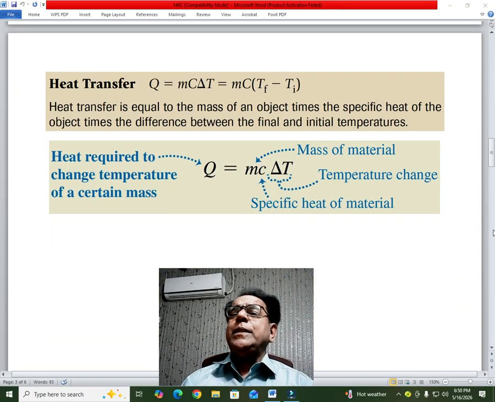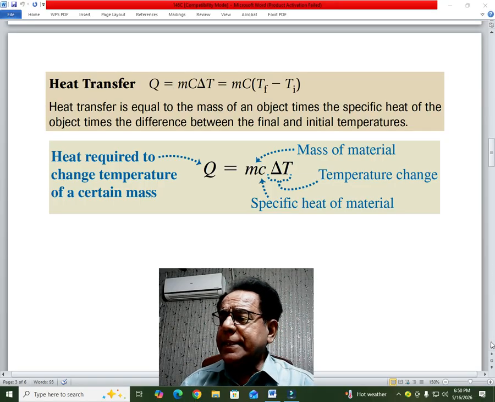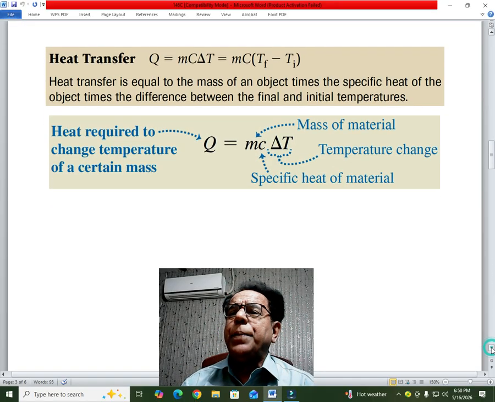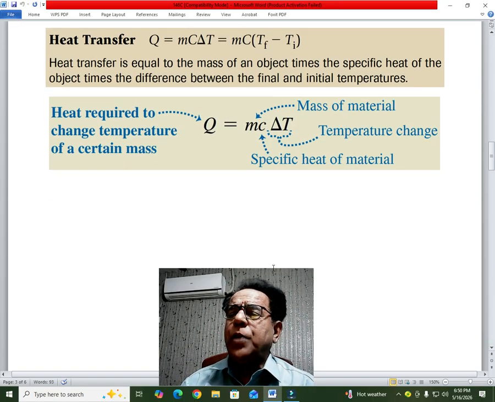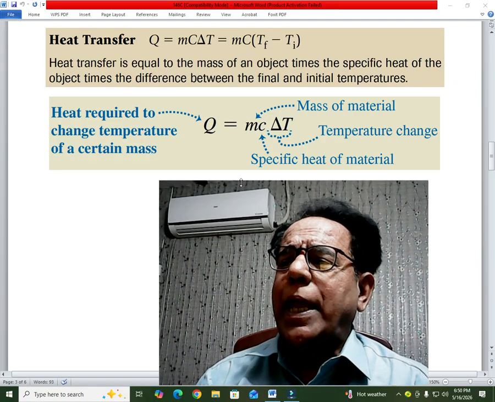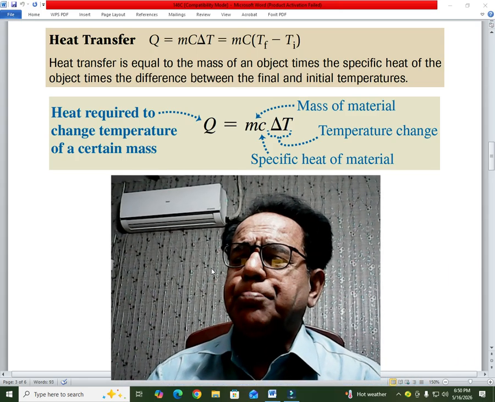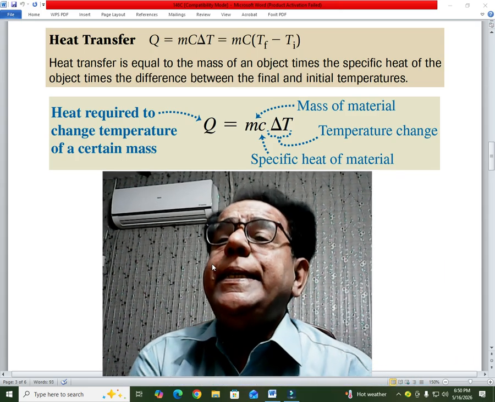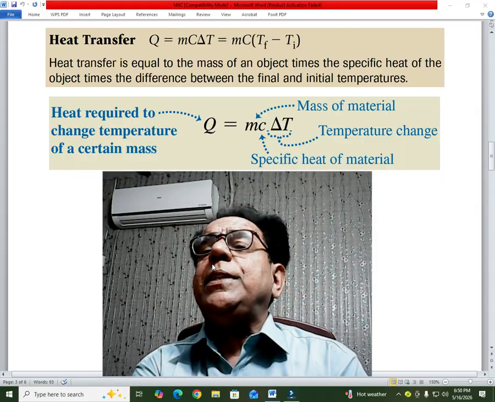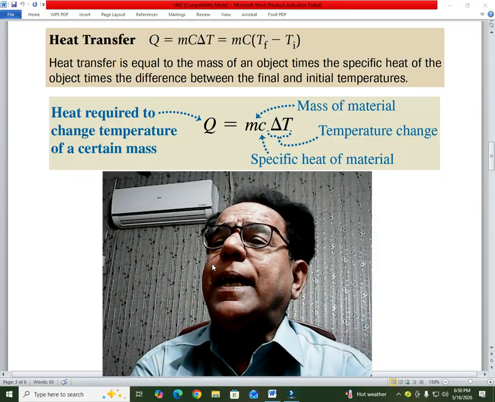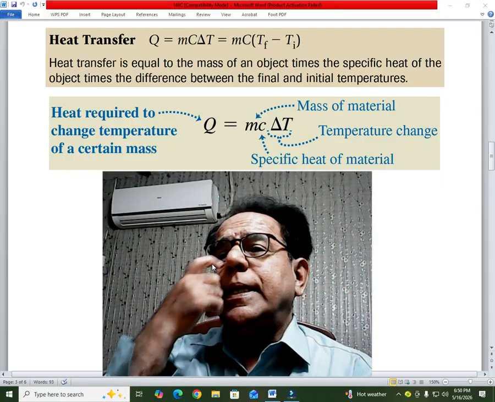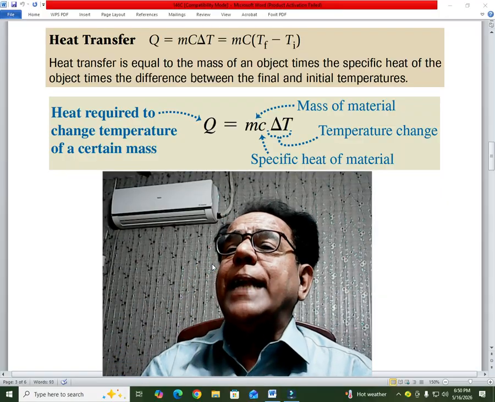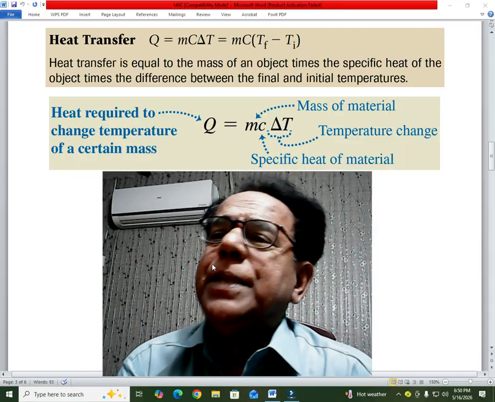Dear students, this is the formula which we are going to apply. Two versions of this formula have been shown here. Heat transfer Q is equal to mc delta T. Delta means change, delta T means change in temperature.